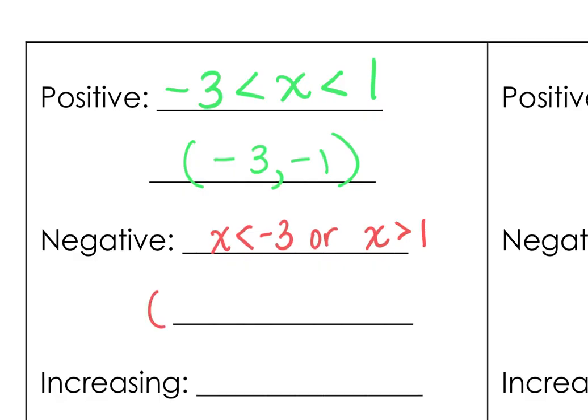We'll use those parentheses, that minimum value, negative infinity, all the way to -3. And then we would use that union sign to represent the union, or, because it was also negative from 1 to positive infinity. That 1 is not included and infinity is never included, so we use those parentheses.